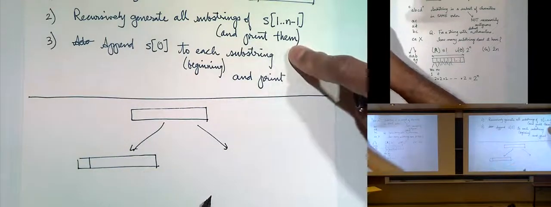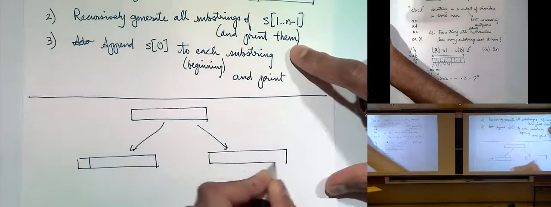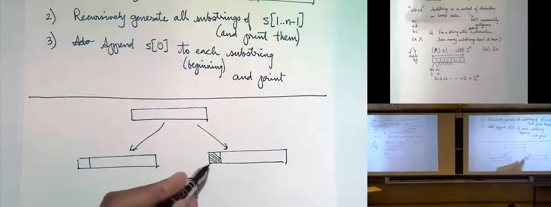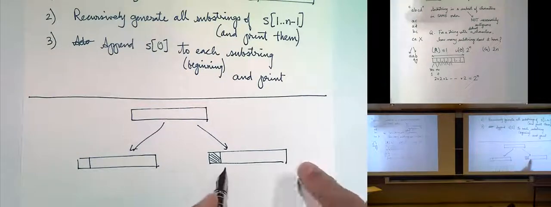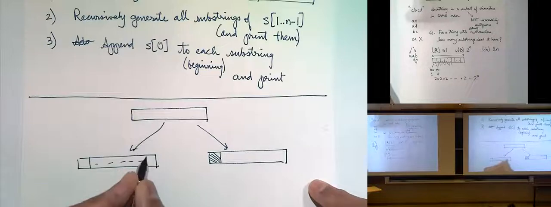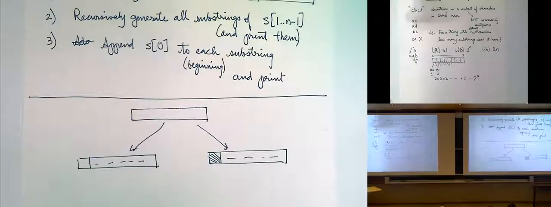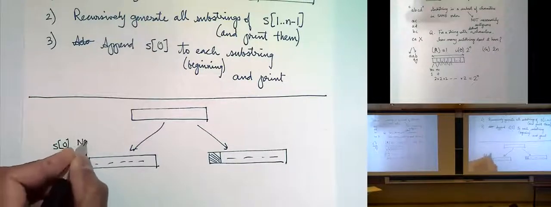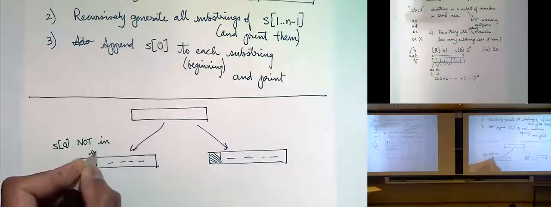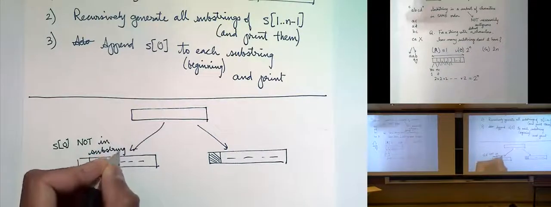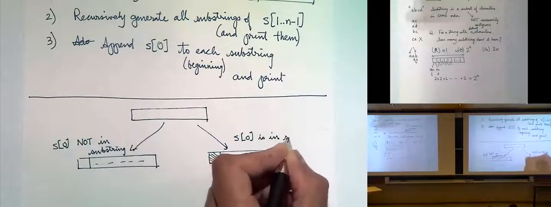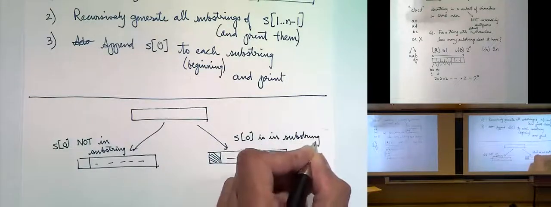But in this part over here, what you've done is you've actually chosen that. So I'm just shading it to say that S0 has been chosen. And then you recursively work on what's left here. Does this make sense? So S0 is not in the substring. S0 is in the substring.